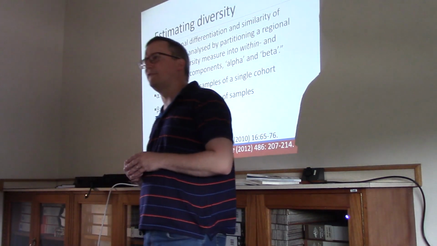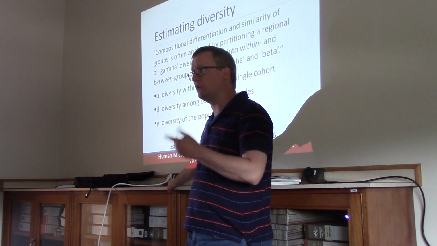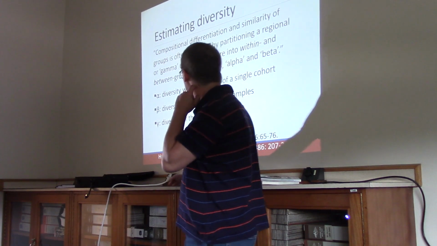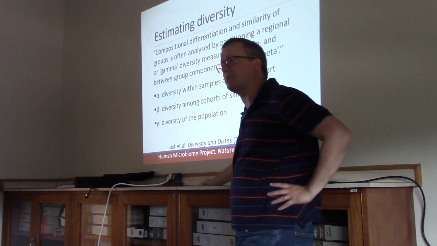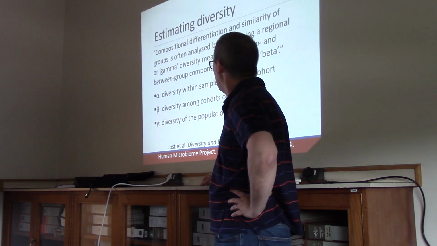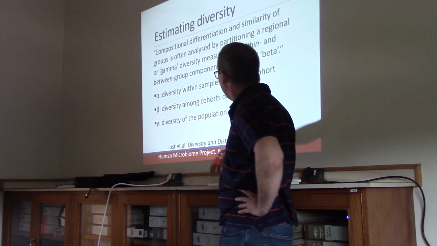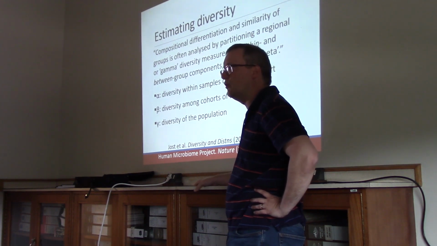Now, species diversity is something that has a nice long history to it from the world of ecology. And generally speaking, you'll find that diversity gets separated out to 3 different levels when we do ecological diversity. So we have alpha diversity, which talks about within samples of a single cohort.